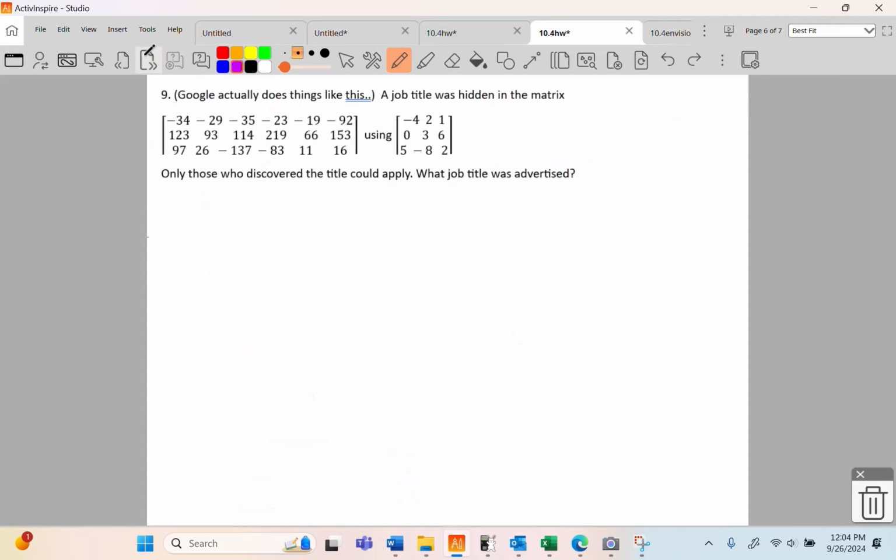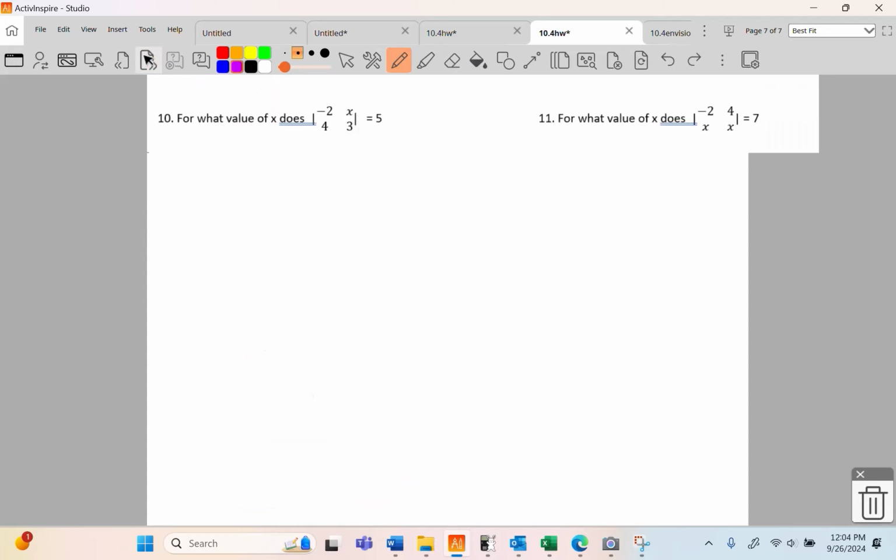And the last one I'm going to do, because it's already 5 after, and there's probably a parent or two out there waiting, is 11. So here's the deal about determinants. The determinant is equal to, for some matrix A, B, C, D, AD minus CB. Now notice I don't even say the word determinant.